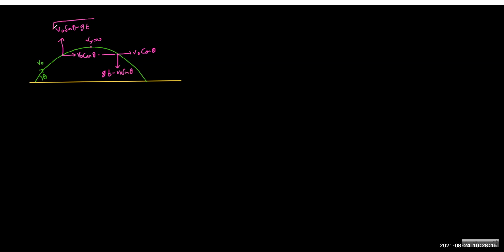So v naught sin theta minus gt right now is the same as gt minus v naught sin theta in magnitude, and they are always equal. Therefore, the speed is some value v which we don't know, and this will also be v. And this angle, if I say alpha, this will also be alpha. One will be above the x-axis and the other below the x-axis while descending.